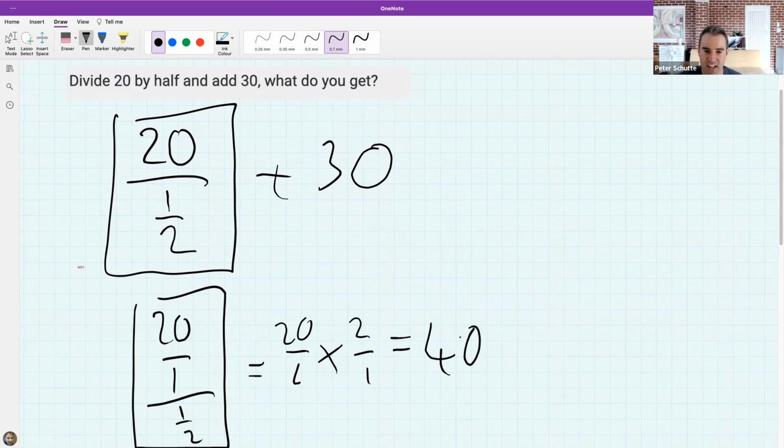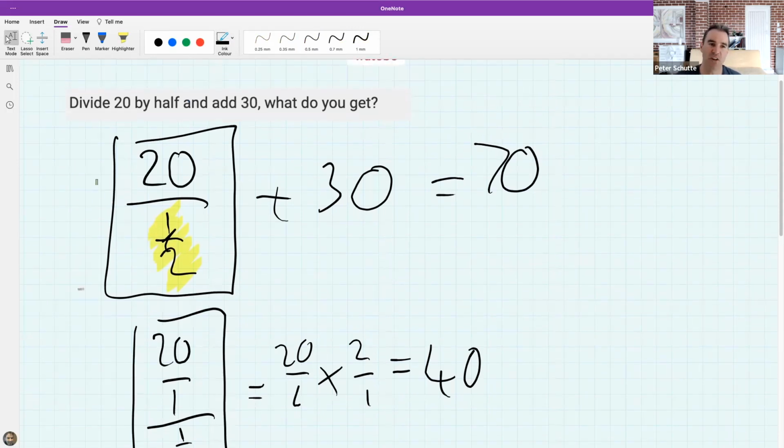And so this bit over here in the block is equal to 40. So 20 divided by half is the same as saying double 20. And so the correct answer is, in fact, 70. So whenever you divide by a fraction, remember, you're going to end up with actually a bigger number, not a smaller number. But they definitely worded that in a way to kind of draw you in. And yeah. All right. So that is today's brain break.